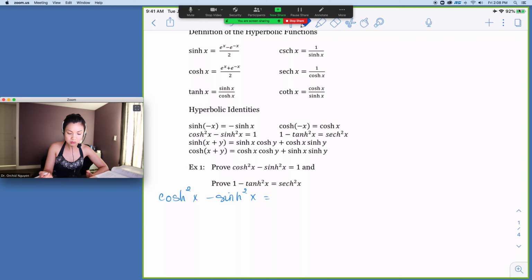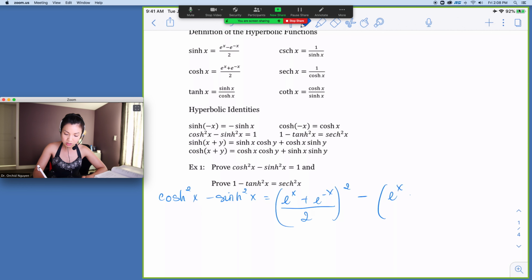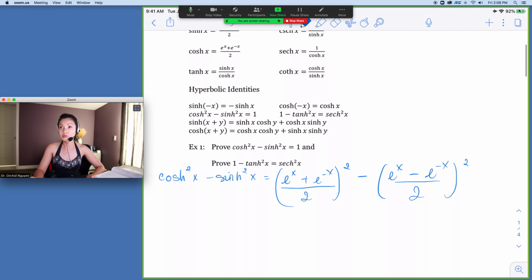So how about I just write down the definition? e to the x power plus e to the negative x power over 2, and you want to square it, minus e to the x power minus e to the negative x power over 2, squared. Okay, we just pretty much FOIL.